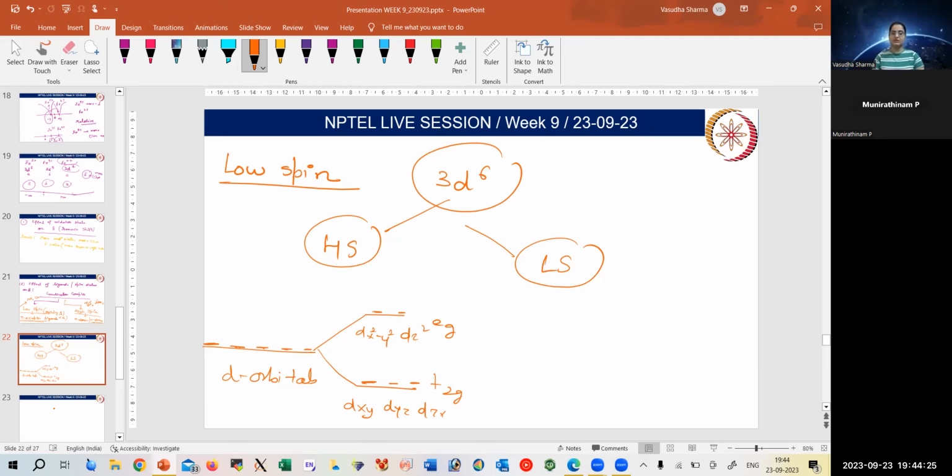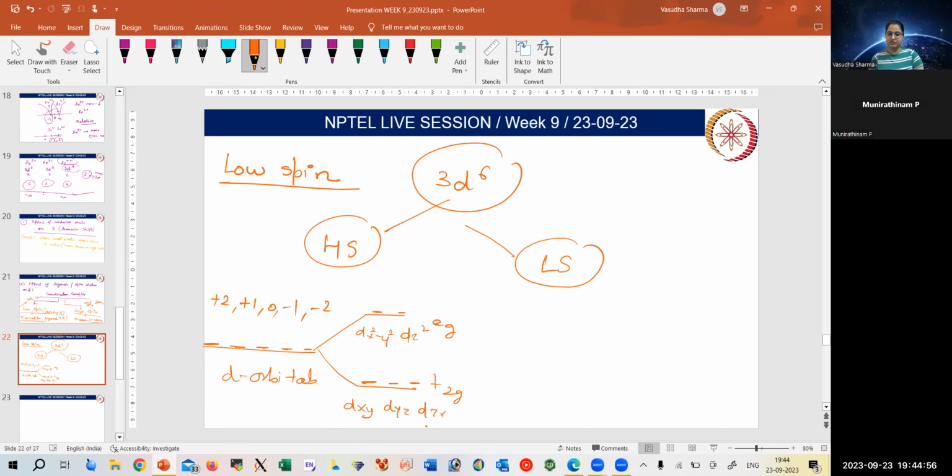It goes from +2, +1, 0, -1, -2, right? So this happens when the ligand is coming into the picture. That's why we are talking about low spin and high spin depending upon the ligand.